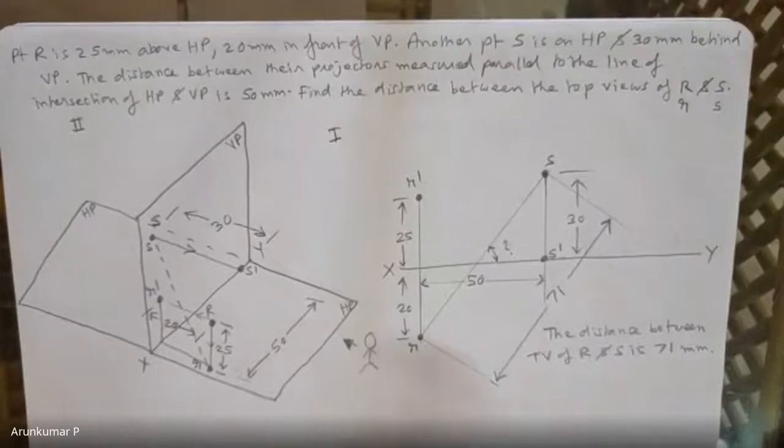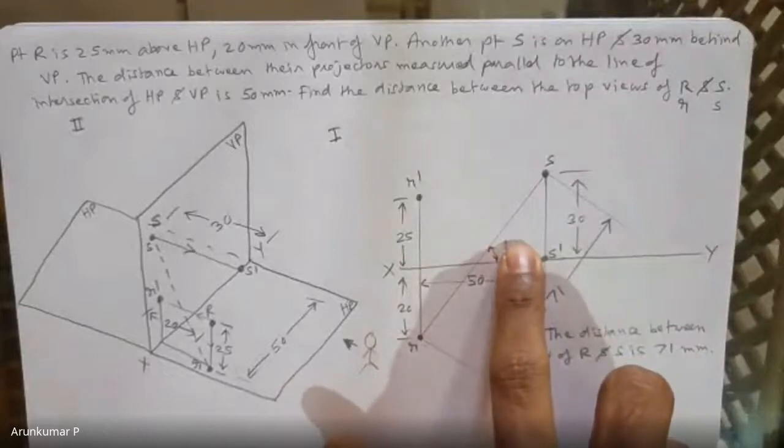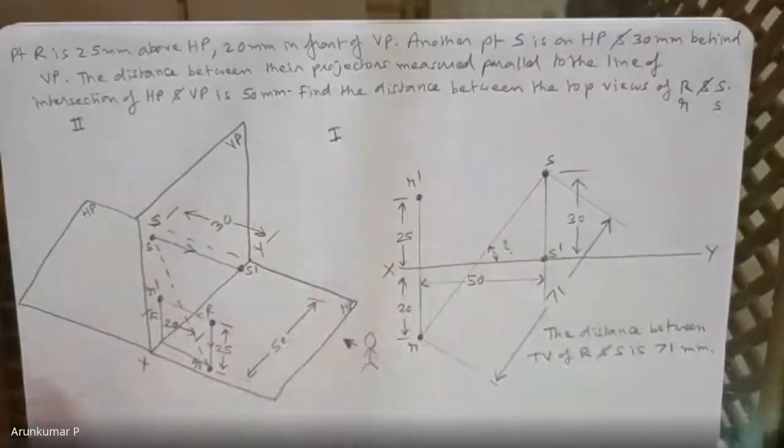That is how this problem can be tweaked depending on the circumstances. So I'll give you a similar problem for homework. You can try that. Very similar to this, but instead of giving this length 50 mm, this angle, 40 degrees, is given. Okay, so please take down this problem.